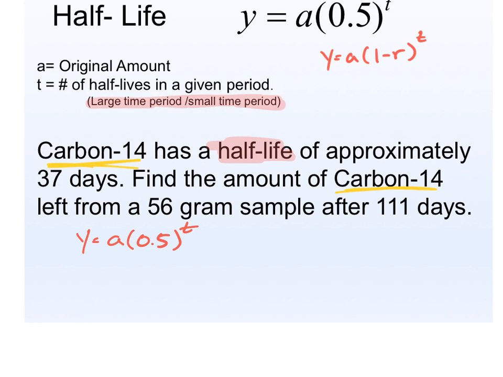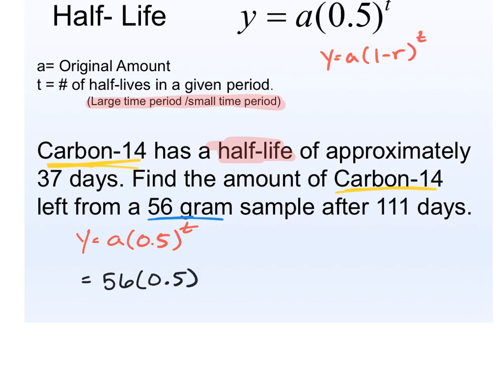Let's go ahead and plug in what we know. Do we know the initial amount of carbon-14 that we had? Yes, we do. It says right here we have 56 grams. So you know your A value is going to be 56 times 0.5.